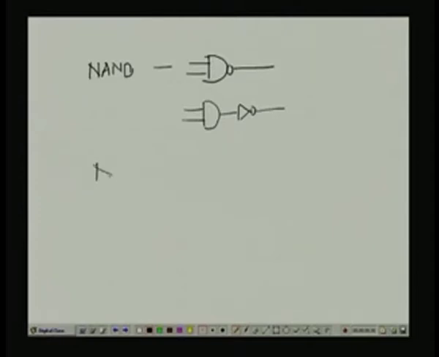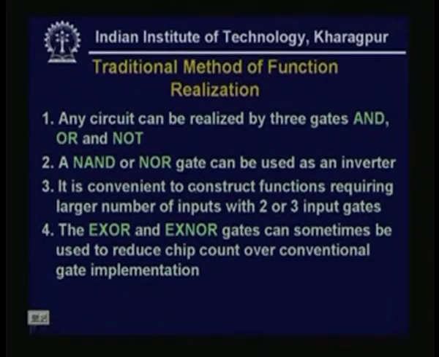Similarly, this is a 2 input NOR, that can be replaced by a 2 input OR followed by an inverter. So, always the NOT can be replaced by NAND and NOR.